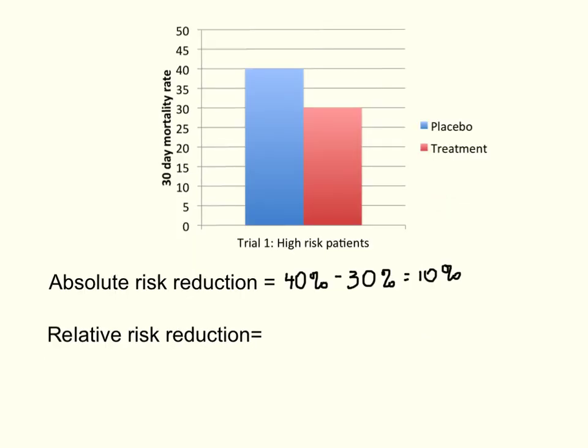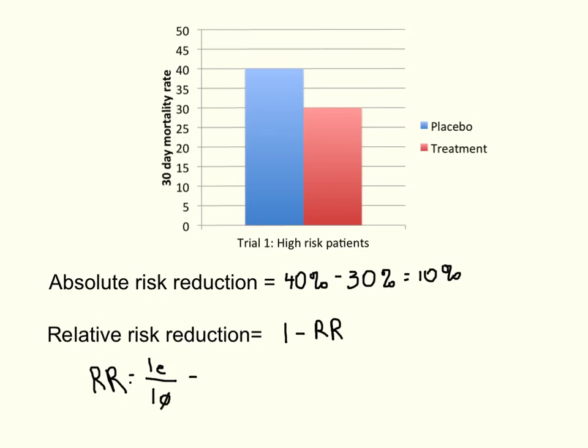So we've looked at absolute risk reduction, and now another way of looking at change in risk is to look at the relative risk reduction. The formula for relative risk reduction is just 1 minus the relative risk. So to calculate that, let's first calculate the relative risk. Relative risk, we remember, is the incidence in the exposed group over the incidence in the unexposed.